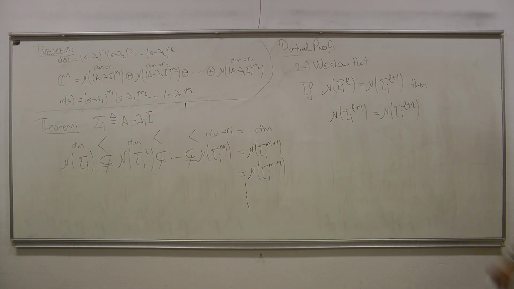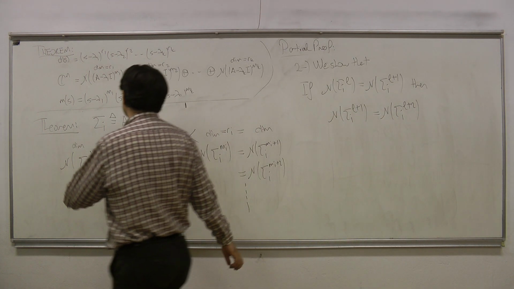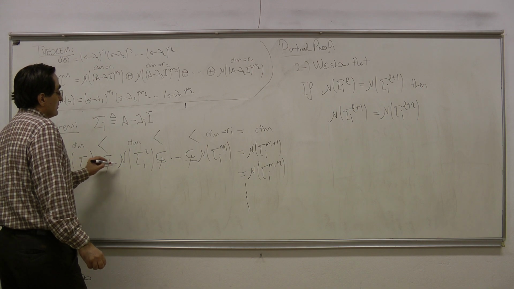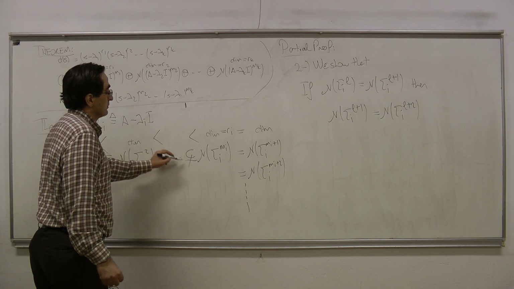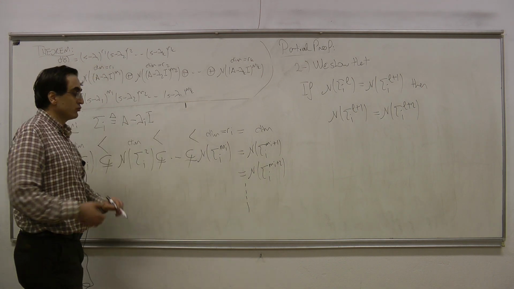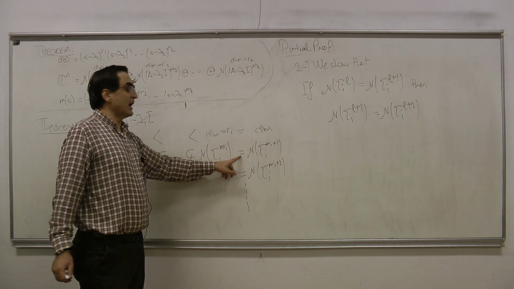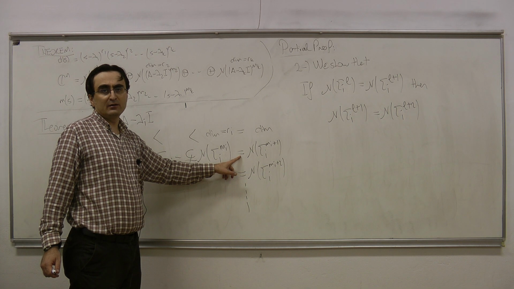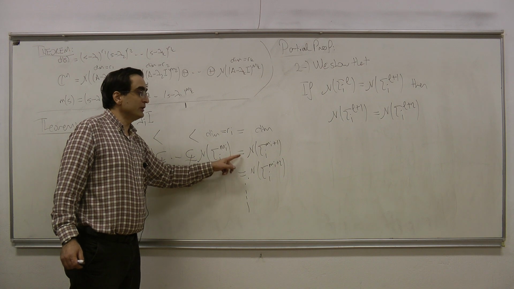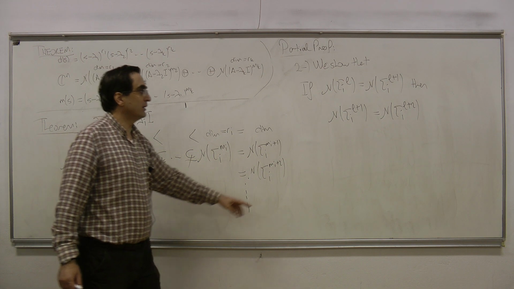So now let us try to prove such a thing. We have already shown that we always have subset relationships here. Now we are trying to show that as soon as we have equality somewhere, then we are going to continue to have equalities.